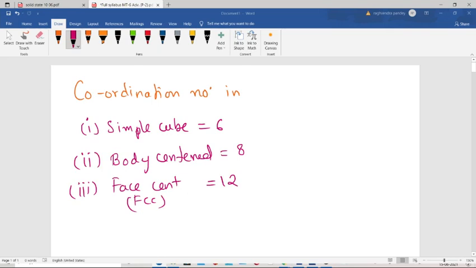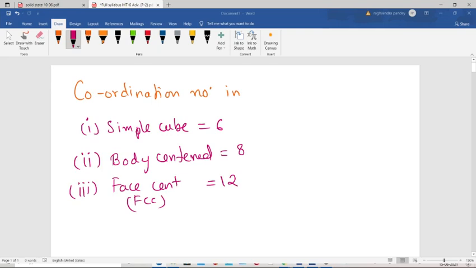So there are 6 spheres in total. Volume of spheres is 6 into 4 upon 3 pi r cube. Let's take the radius as r.